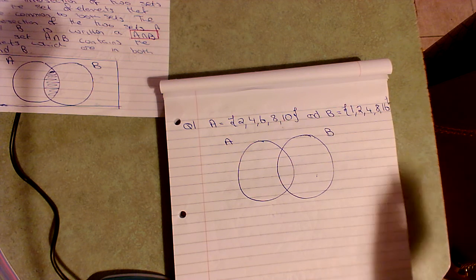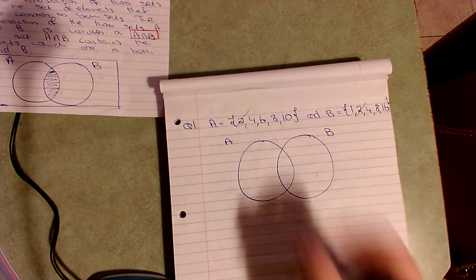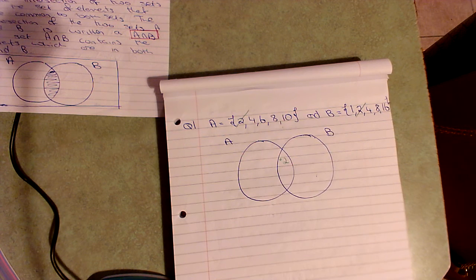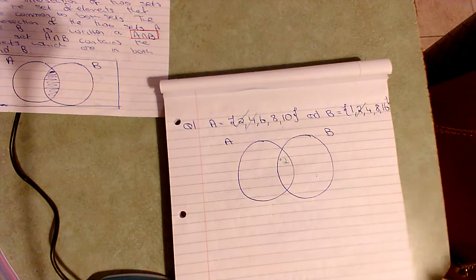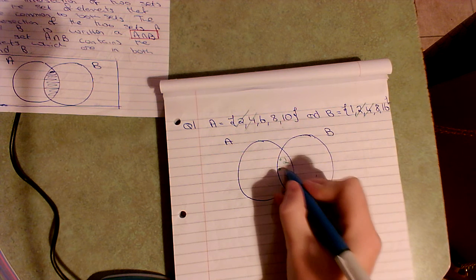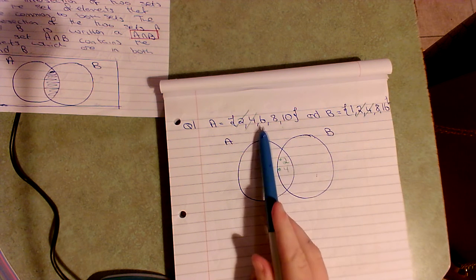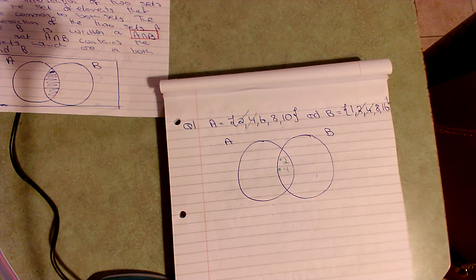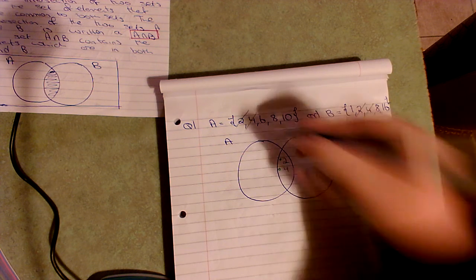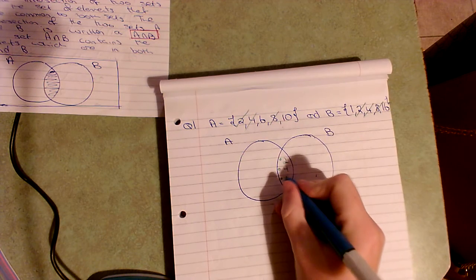Okay, I can see here that 2 is in A and it's also in B, so I put my little dot and put 2 in. I can see now as well that 4 is in A and 4 is in B, so I put 4 here as well. Then I see, do they have any more in common? 6 is only in A, so I don't put it in there. 8 is in A and B, so I cross off 8, and I put it in my intersection.